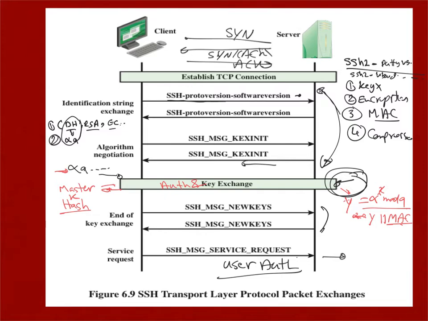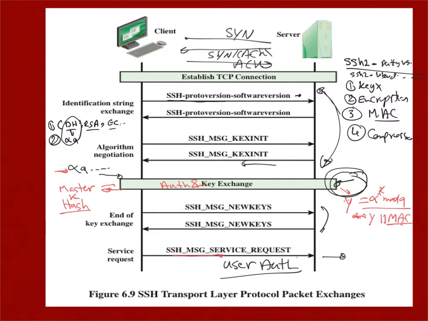So a master key and a hash. From the master key and the hash, we can generate all the other pairs of keys. Also similar to TLS, except that what's missing here is the client user authentication, which is done as a layer above this key exchange. It's done separately.